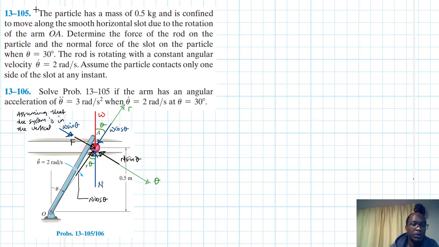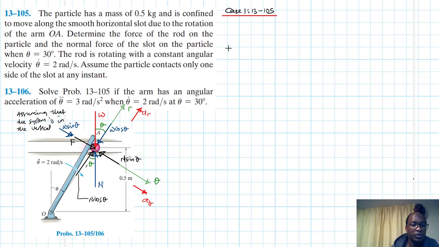What else? Then we do have the direction of the motion, or the kinetic diagrams. This is a theta and this one is a r. So we are on case 1, which is 13-105. This is the case we are dealing with.